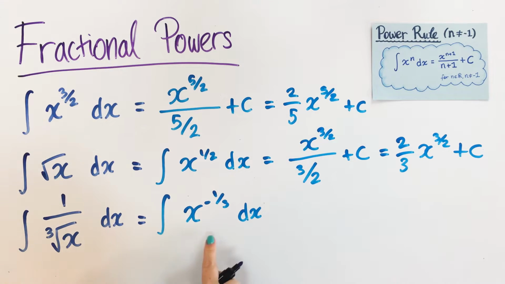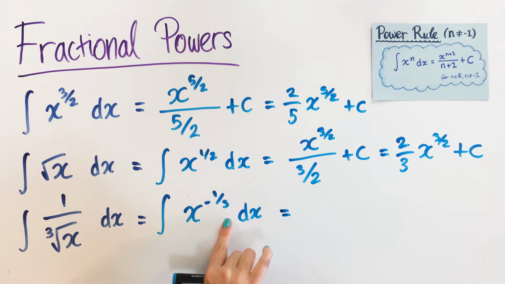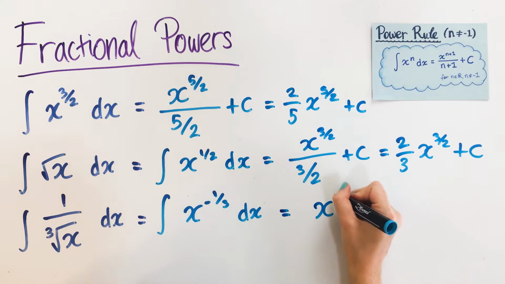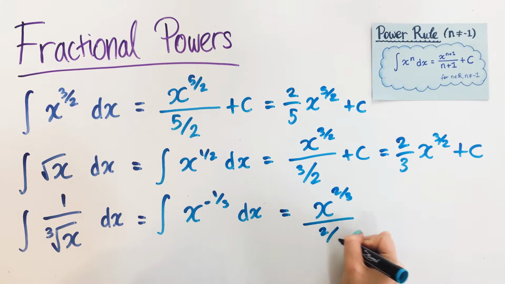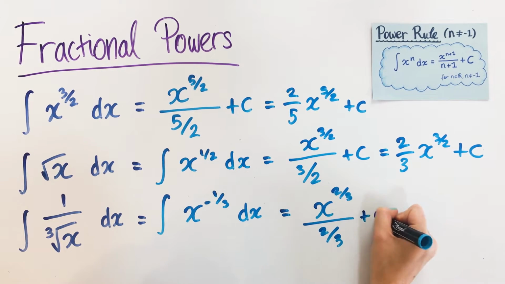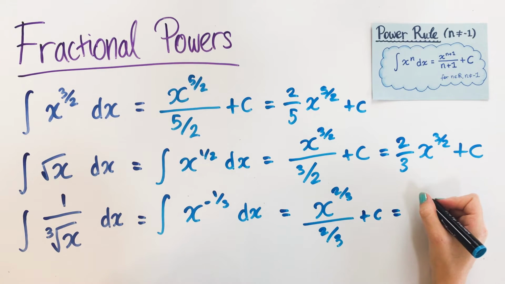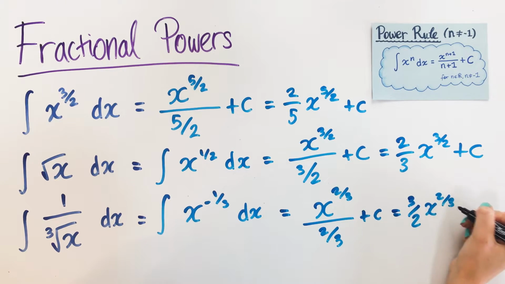So again, make sure you're happy with that step, but for now we'll continue. So the integral of x to the minus a third, well, as before, we do x to the power of minus a third plus 1, so to 2 over 3, divided by our new power 2 over 3, plus c. And simplifying this, do the flippy fraction thing, we get 3 over 2 x to the 2/3 plus c.